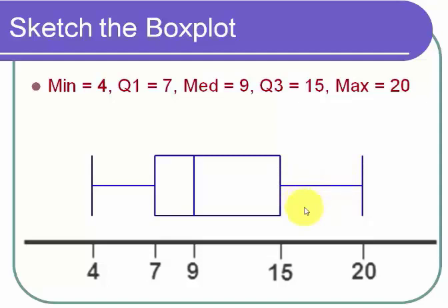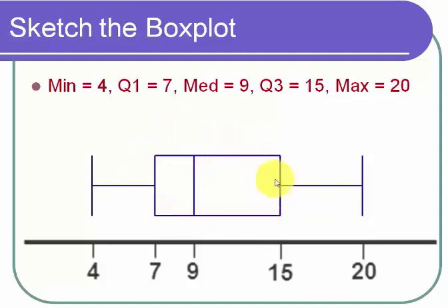Sometimes we also call this the box and whiskers plot because we have our box, which is the interquartile range box, and we have the whiskers that go from the minimum to Q1 and Q3 to the maximum. So the standout of the box plot is the box. That's why we call it a box plot. So very easily we can see what the middle of the data values are.